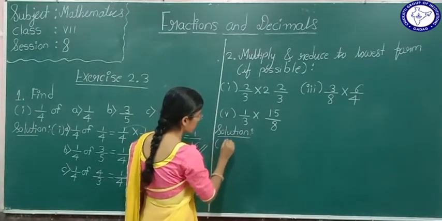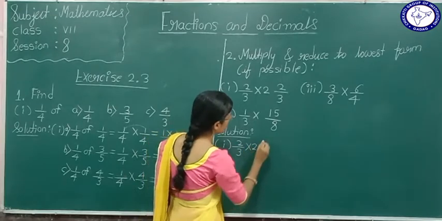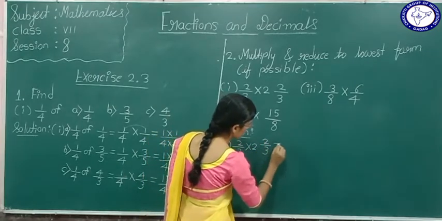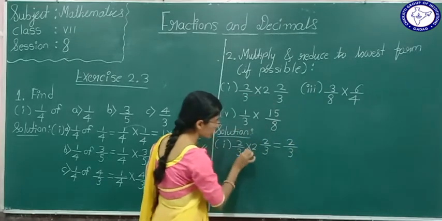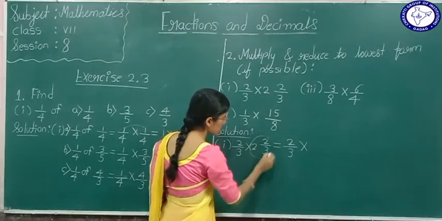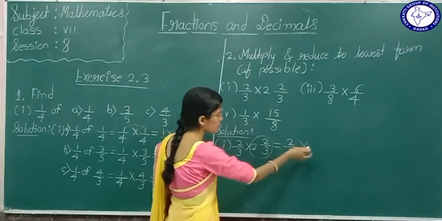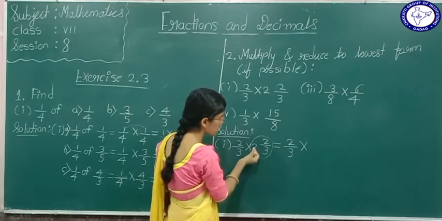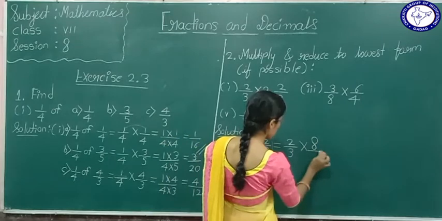First one: 2 by 3 multiplied by 2 integer 2 by 3. So 2 by 3 I will keep as it is, multiplied by the mixed fraction. Convert this mixed fraction into an improper fraction. What is that? 3 2s are 6, 6 plus 2 is 8, so 8 by 3.